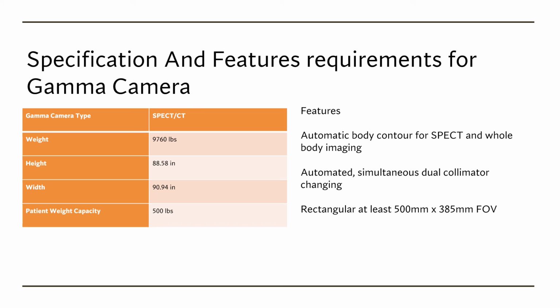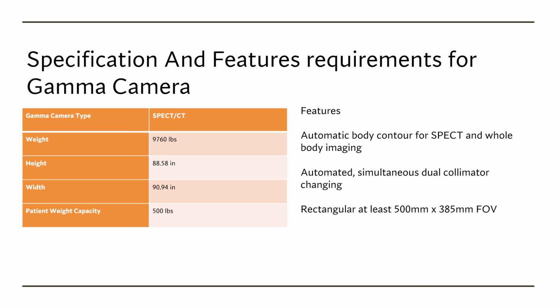In this schedule we talk about the specification: gamma camera type, weight, height, width, patient weight capacity. Gamma camera type SPECT CT, weight 9760 pound, height 88.58 inch, width 90.94 inch.